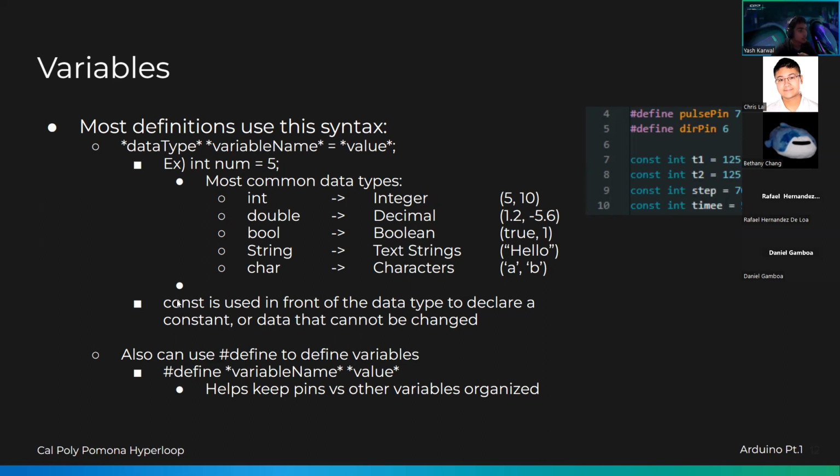You can also use const, which is basically to name a constant. So if you want to define one value, say a time, and this time is going to be used multiple times in my code later on, it's going to be a constant because I want to keep this time a certain value, but I don't want to keep changing every single instance of this value.